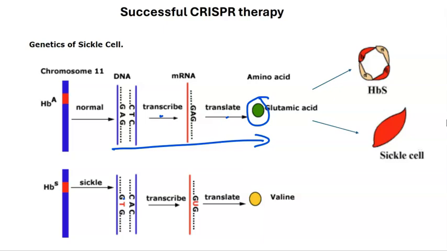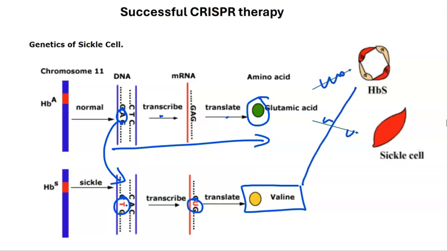But with the mutation from A to T, the messenger RNA ends up adding valine, and that ends up adding the protein which is known as the sickle protein, and that causes sickle cell shape, and of course that leads to sickle cell disease and the crises which can arise with that. So we have a technology that can correct this.